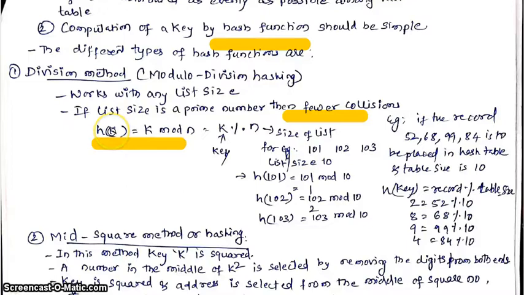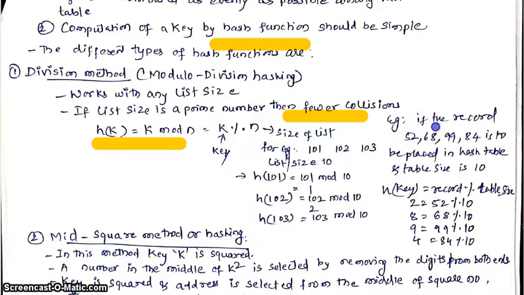K is nothing but the key. So we are generating a hash key for this particular element. K is an element or an item. We are going to generate a key for an item or an element by using this formula.